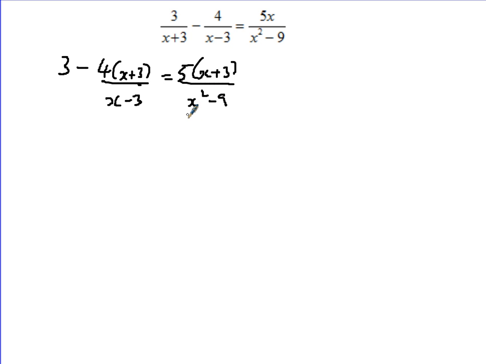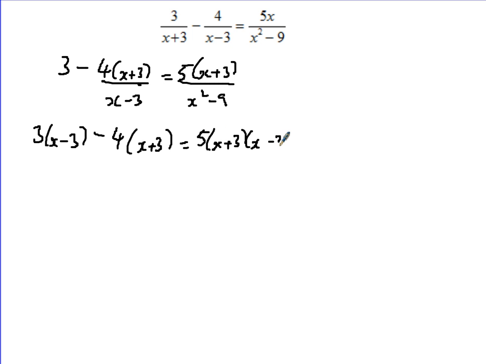Then what I'm going to do is times everything by x minus 3. So x minus 3 will come up here. x minus 3 will come up there.